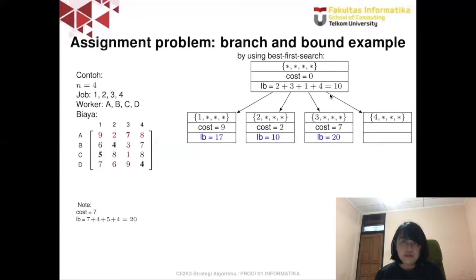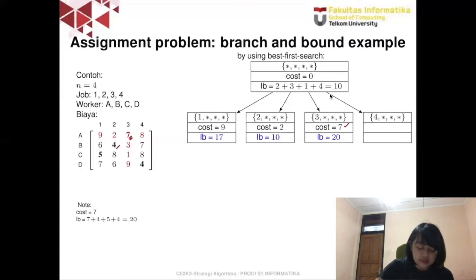And the next one, if worker A is given the job 3, then 7 must be included in the total fee we have, and then the lowest fee we can give to worker B will be 4.